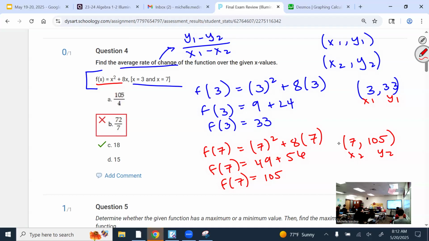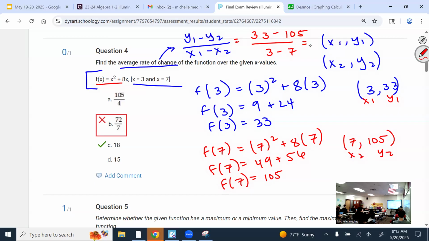So then all that work to now plug it into this formula. All right, so if I labeled it like this, then I'd be doing 33 minus 105. That's my y1 minus y2 over 3 minus 7. So you should see the numbers from the same coordinate on top of each other. And it is like rise over run, so it has to be y's over x's.